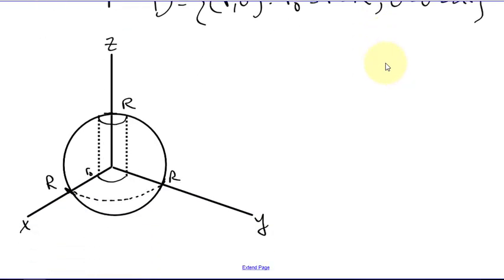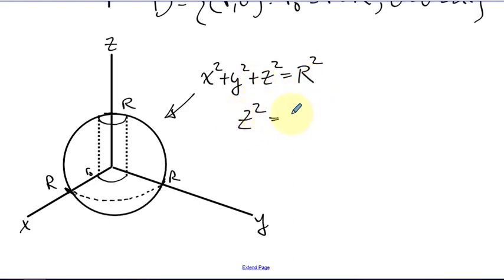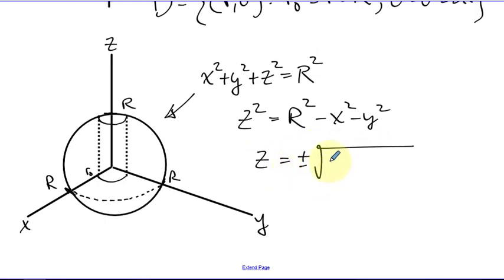So I'm looking at this picture now. This is the sphere with the equation x squared plus y squared plus z squared equals whatever radius we want. This radius is a constant. If we solve for z, we've got z squared equals constant radius minus x squared minus y squared, and then solving for z to write a function, we have plus and minus square root, and it looks like that.